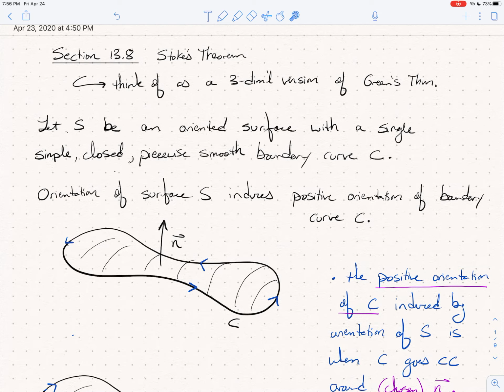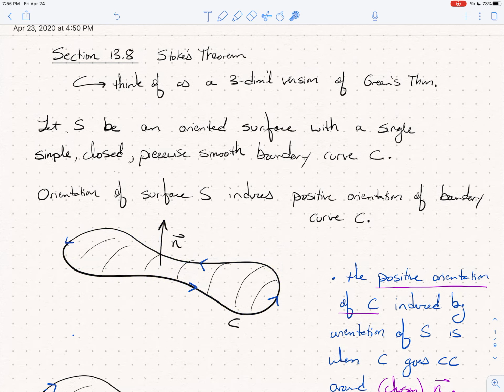And then at that point, when you've chosen which side is up, i.e. which side the normal vector goes for your surface, you've also induced a quote-unquote positive orientation of the boundary curve C. And the positive orientation of C is the orientation where when you walk around C, you're going in the counterclockwise direction with respect to the normal vector. So counterclockwise all depends on your orientation, right? And so here I've got my normal vector up, and as I go around that normal vector, I'm going counterclockwise around it.